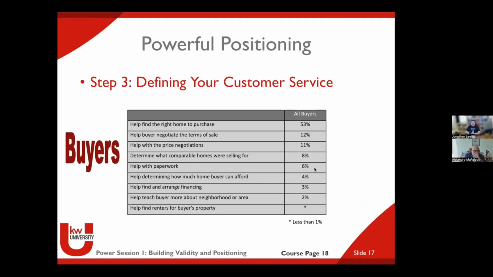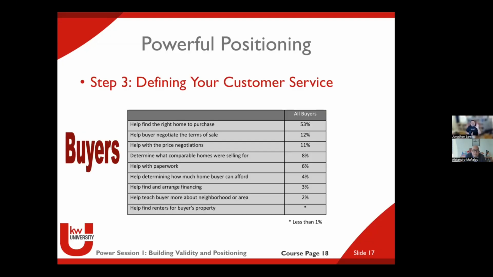So this is data from the National Association of Realtors, and every year it's about the same. It's a survey that the National Association of Realtors in the US asked buyers: why are you looking, what do you need a real estate agent for?